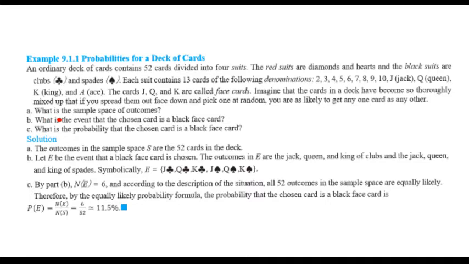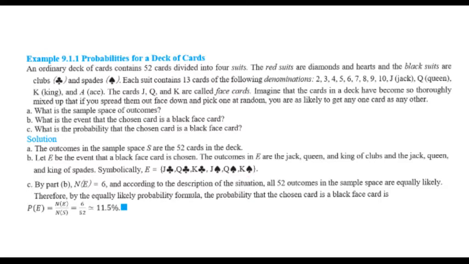Then what is the event that the chosen card is a black face card? Such an event has 6 different possibilities. The first one is Jack of clubs, then Queen of clubs, then King of clubs, then Jack of spades, Queen of spades, and King of spades.